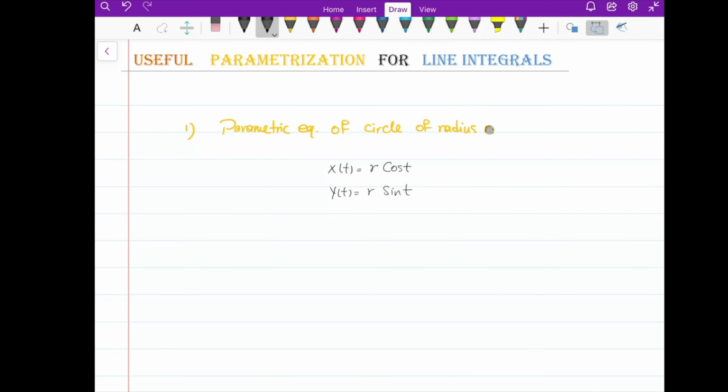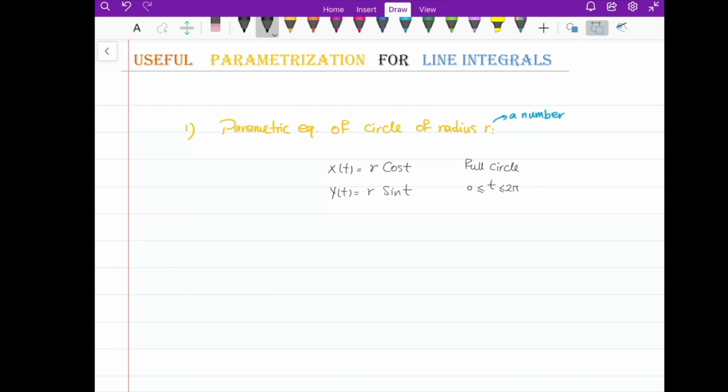And pay attention that r here is just a number, a constant, so the parameter that we have would be just t. Then, based on the part of the curve that is given to you, for example, for the full circle, t should be between 0 and 2 pi.